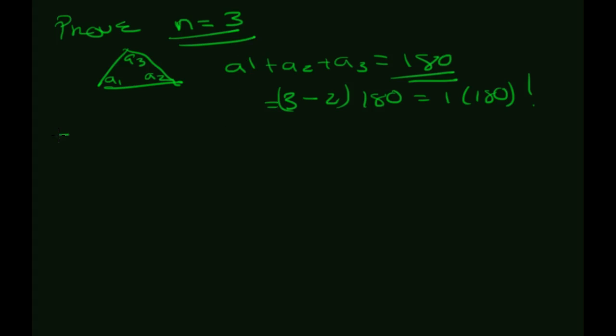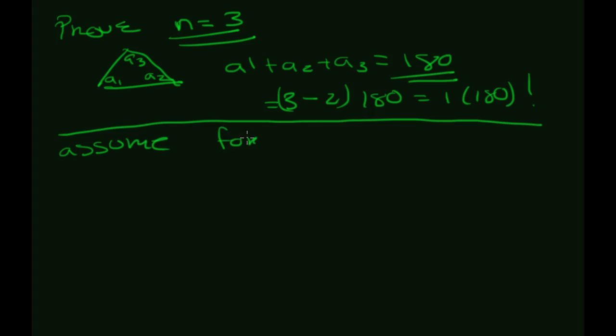Okay, so what do we have to do here? Well, we have to assume my theorem works for n equals k. All right, so this means that I have some k-sided polygon, and that this is going to work for that k-sided polygon.